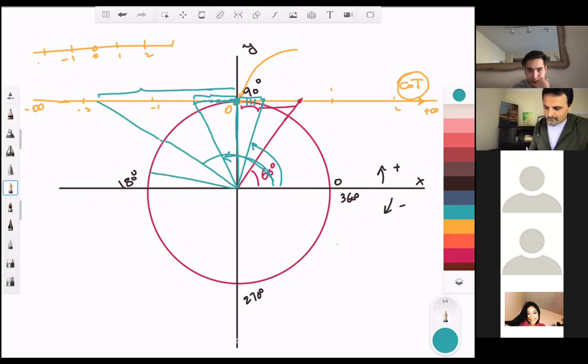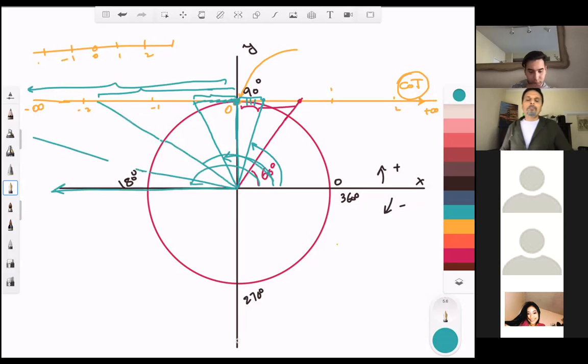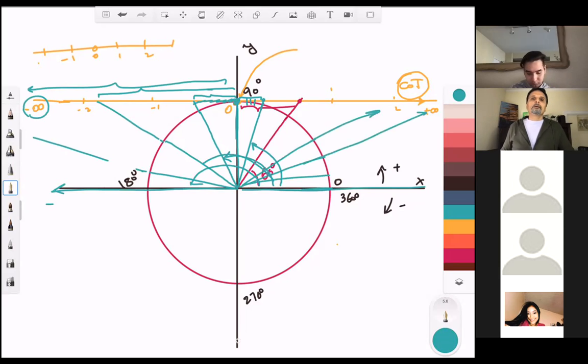At 170, if I let it go, it will be a lot, correct? It's bigger. If you get to 180, it never touches in this direction. It will be parallel. Where does it touch? At negative infinity. Now, if instead of 60, I go to 45, 30, 10, to 0, it goes in this direction because I have to cross over.